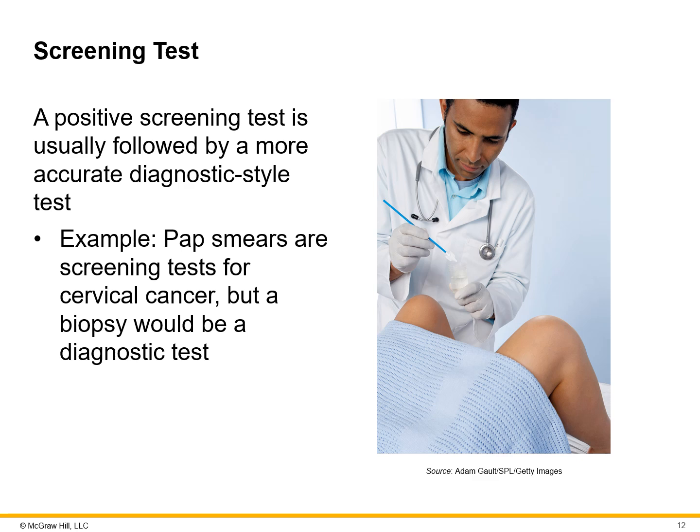So positive screening tests are usually followed by more accurate diagnostic testing. So for example, Pap smears are a screening test that is done looking for cervical cancer, but if something is kind of indicated, then a biopsy would be the diagnostic test to follow. Again, more invasive than that screening Pap smear.